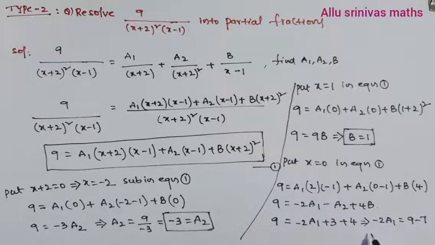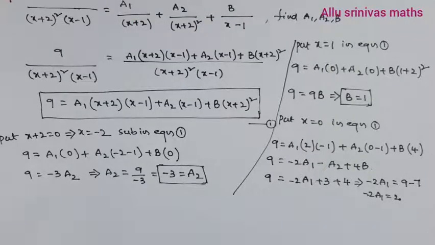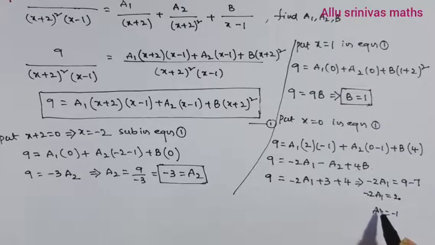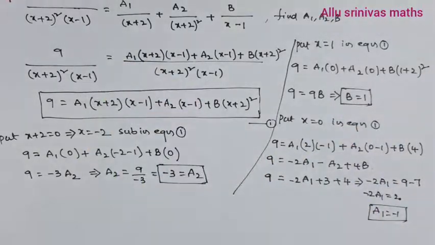So finally minus 2a1 equal to 2, a1 equal to minus 1. So these are the required values for this problem.